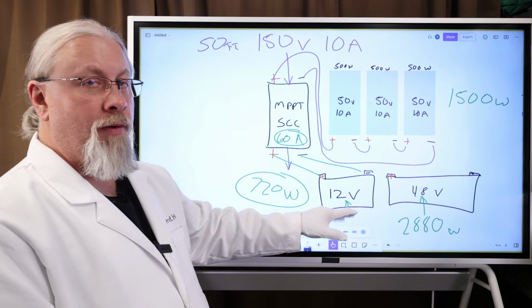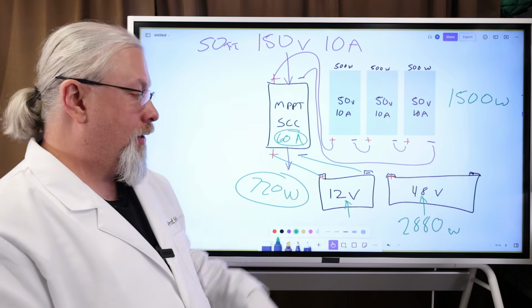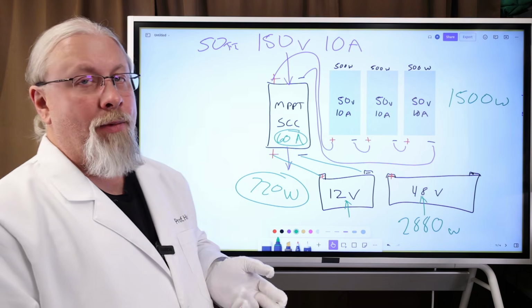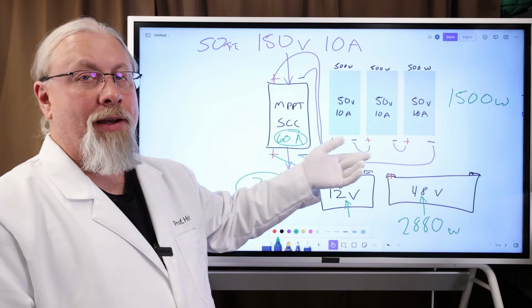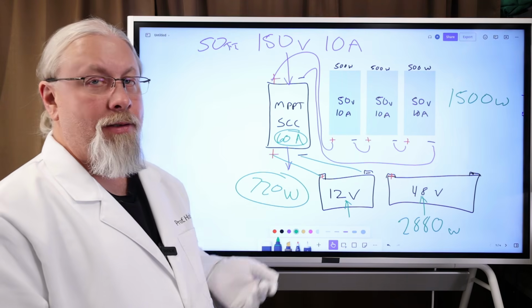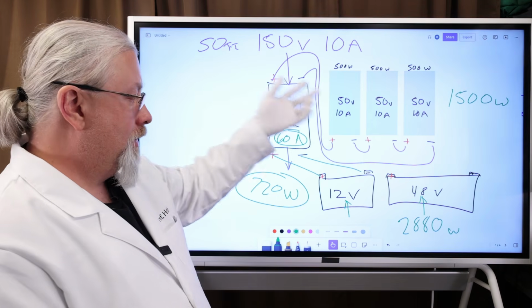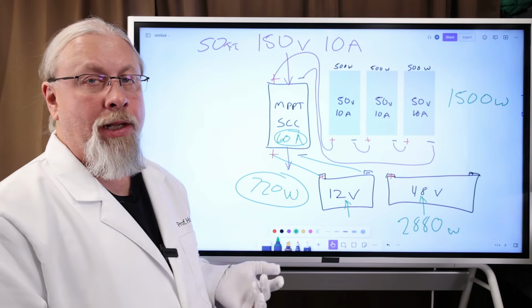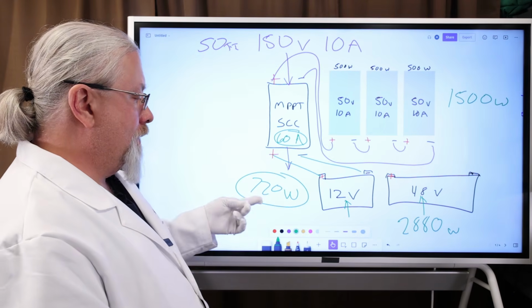If you're running a small inverter in a car, truck, van, or RV, 12 volts is fine, because you're not going to have, in most cases, thousands upon thousands of watts of solar on the roof of your RV anyway. You're probably going to be limited to 1,000 or 2,000 watts total, in which case a 60 amp controller will work. Maybe you want to go to in between and do a 24 volt system instead of a 12 volt. That's up to you.